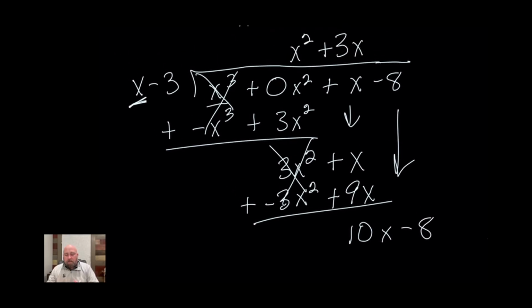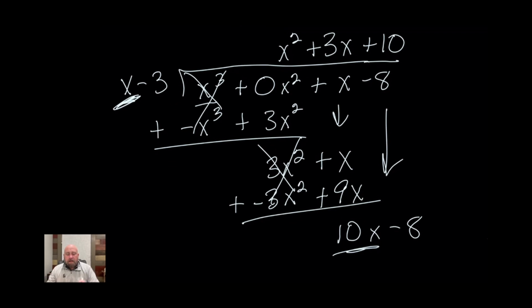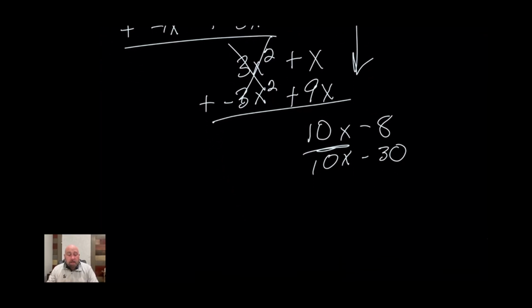All right, go back over here. So my first is my x into 10x. And that's going to give me a positive 10 right here. I'm going to now multiply. 10 times negative 3 is going to give me a negative 30. And then 10 times x is going to give me a 10x. I'm going to subtract, change my signs and add.